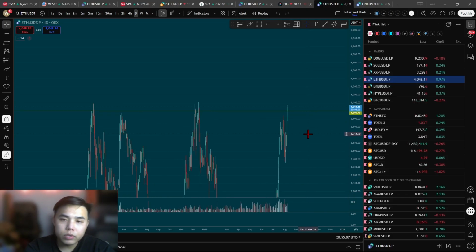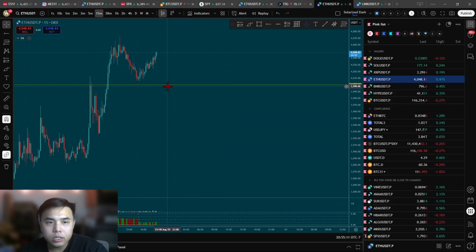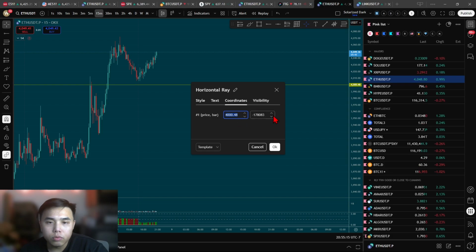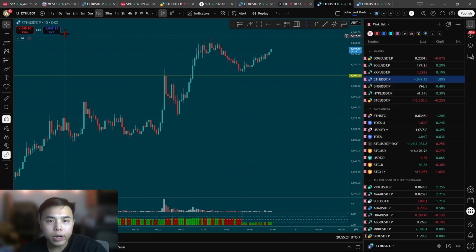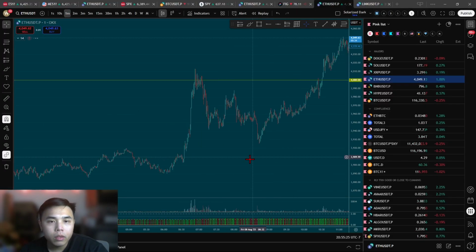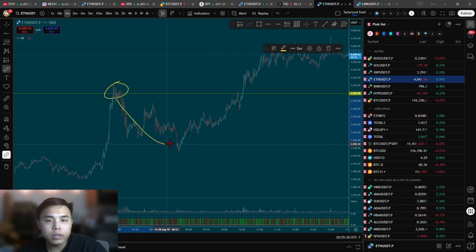So when we go down to the smaller time frames, you can see that if we set this exactly to 4,000, we actually had some interactions here earlier in the day. We had a sweep of the level first, and then it came back and ground above the level.